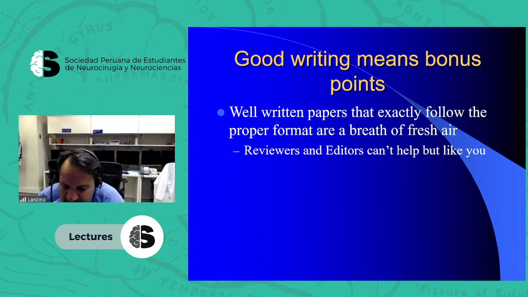Sometimes the message might not be extremely novel, but reviewers are more likely to be benign toward a paper that they liked, because they could easily read it and understand the points that the authors were making, and everything corresponded. There is no redundancy. The numbers match very well.